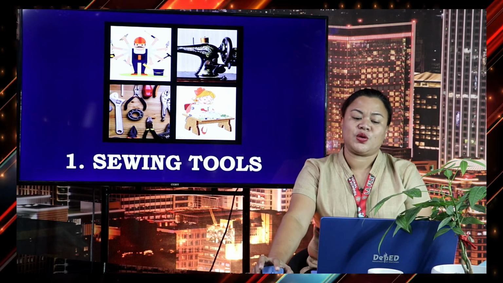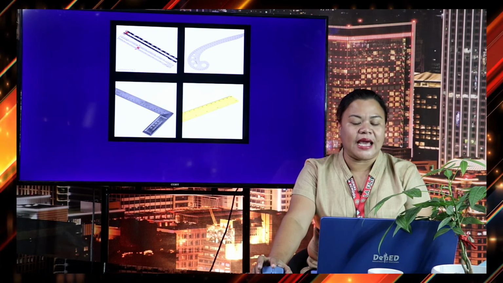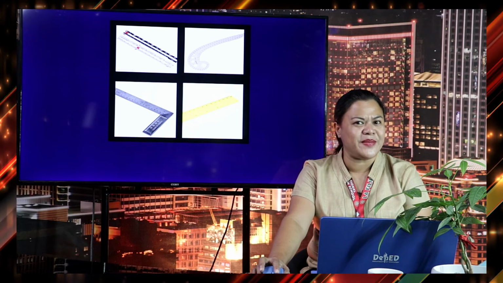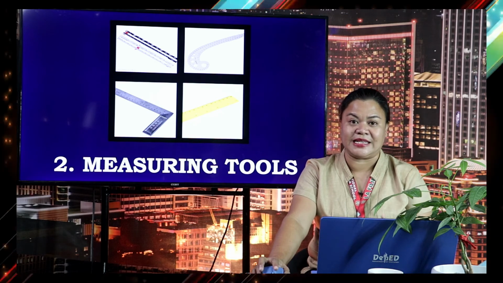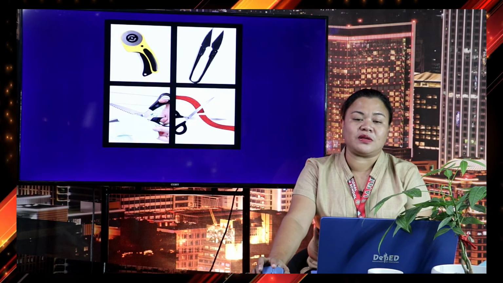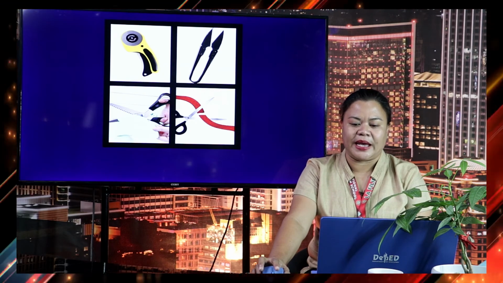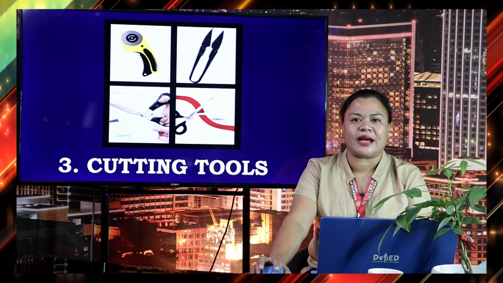Of course, sewing tools. Number 2: sewing gauge, French curve, square and ruler. Of course, measuring tools. Number 3: rotary cutter, thread clipper, pinking shear, and dressmaker shear are used for cutting tools.